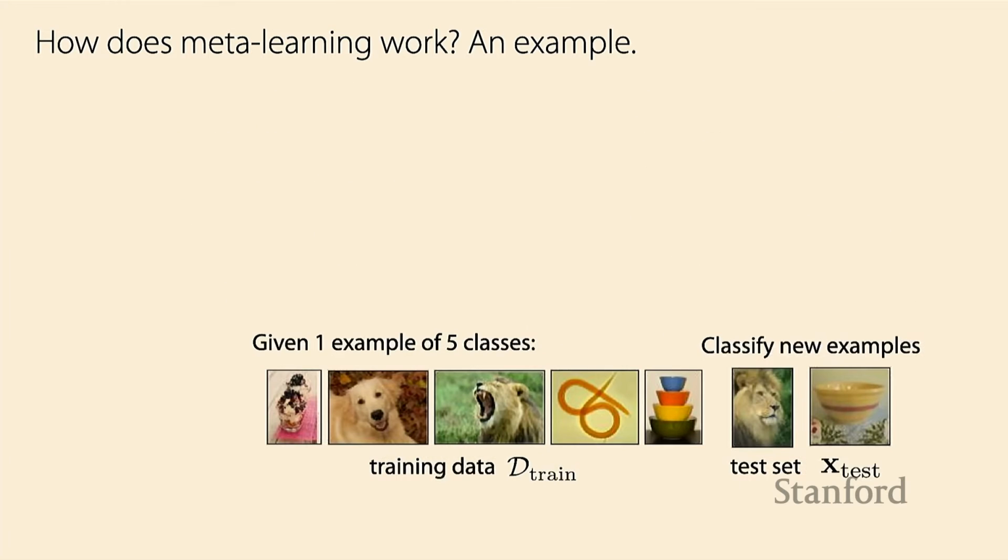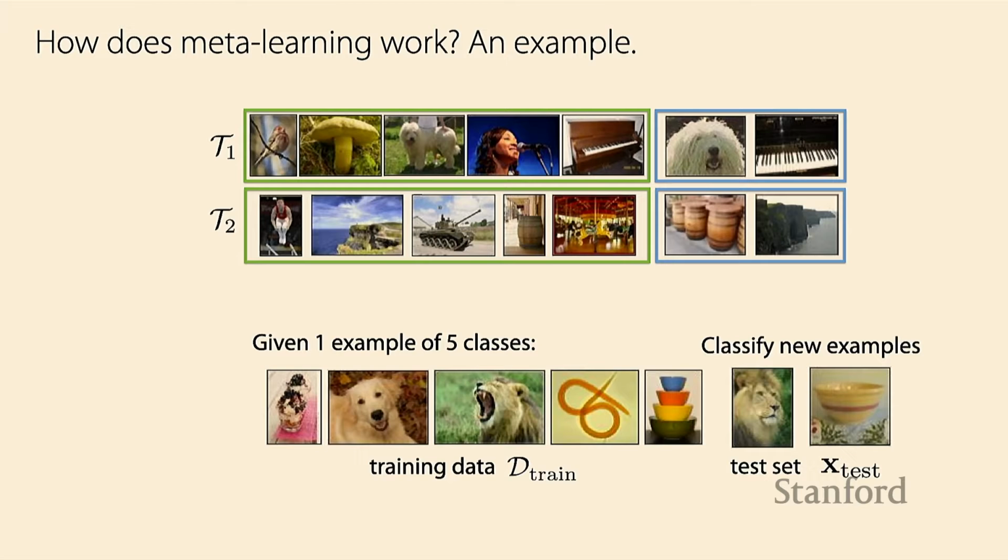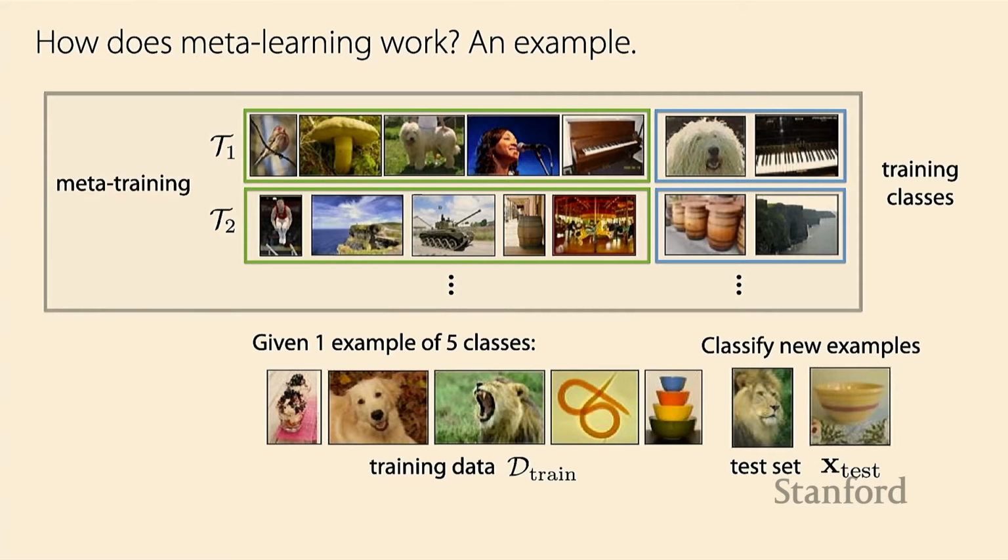The way that we can do this is to construct tasks that look a lot like this test task. So construct training sets and test sets from other image classes, from other experience or data that we might have. Run meta-training on these tasks such that when we see a new task at meta-test time, we can learn from this tiny data set and make predictions.